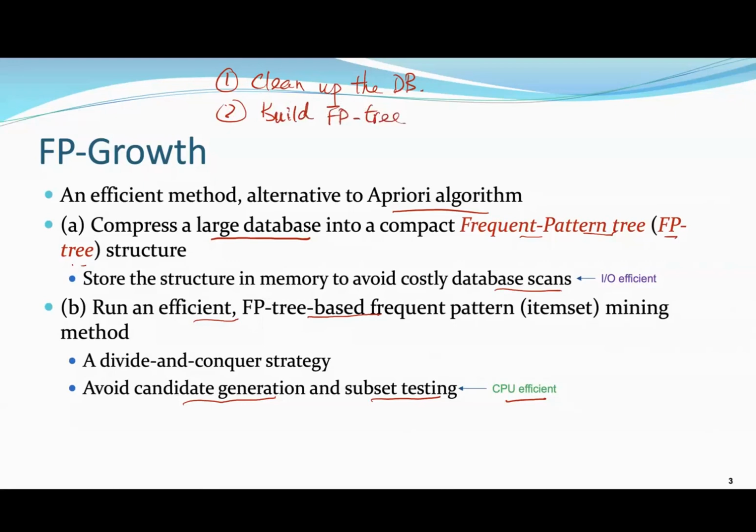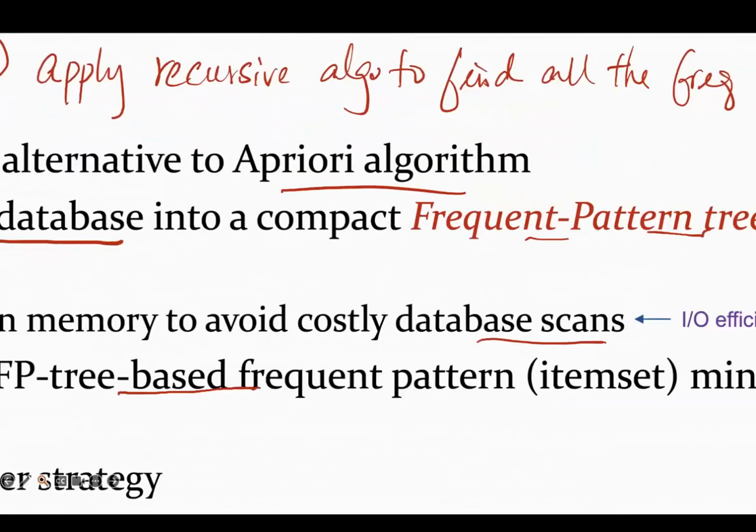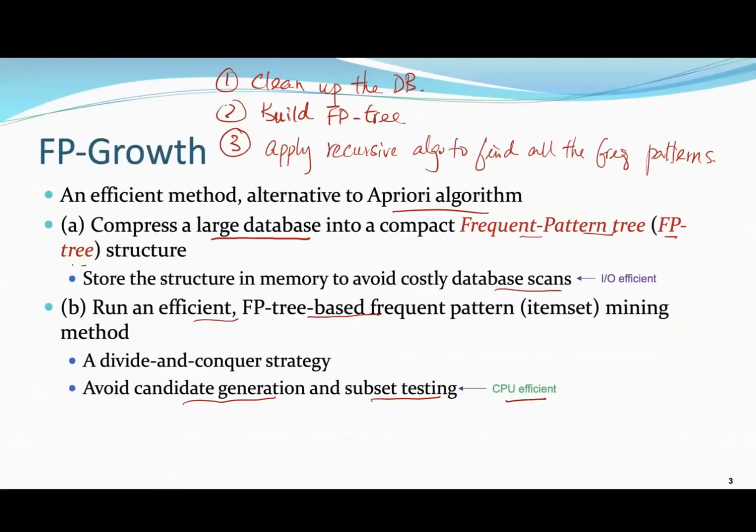Hopefully, this is a small enough structure that we can put into main memory. And the third phase, after the tree is built, is to apply a recursive algorithm to find all the frequent patterns, or the frequent item sets. The first two steps are quite easy to understand, but the third one is a lot more elaborate. I'll try my best to explain it.